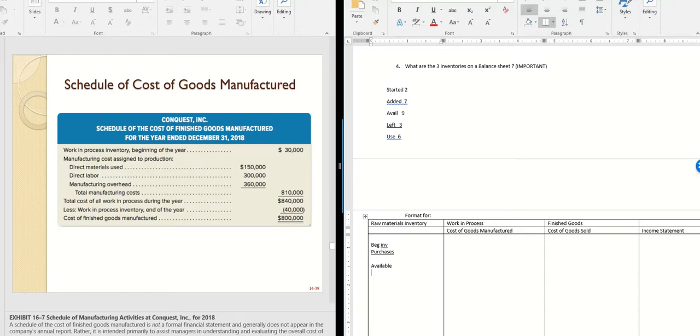And then I'm going to subtract what's left, and in accounting we call that ending inventory. Since I'm doing a dash, I'll put minus ending inventory. And that gives me, and again, this is a total, so I'm going to underline that. And that gives me my raw materials used.